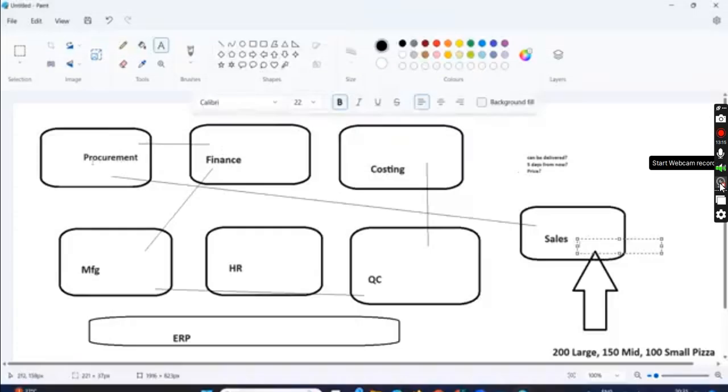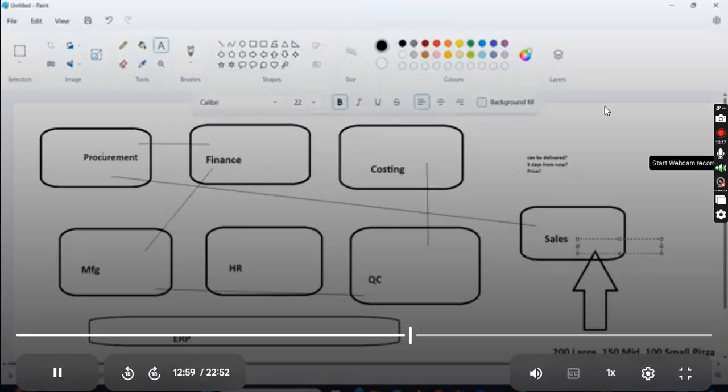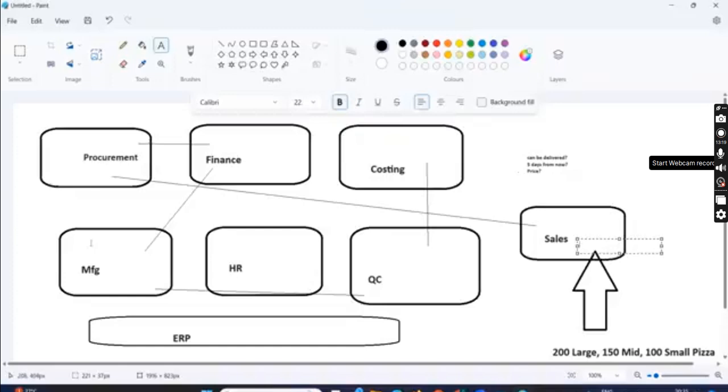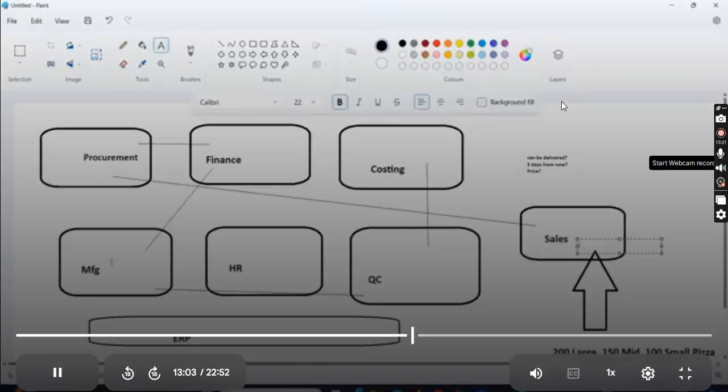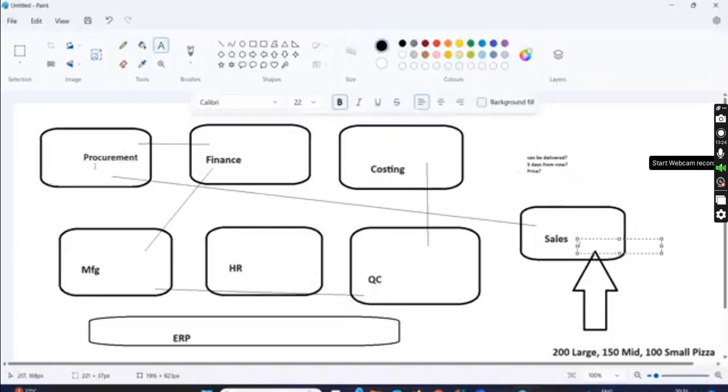Say some raw material is consumed, that means it goes from raw material to the manufacturing department, so the raw material value or stock level is decreased. That information not only the procurement department can see, but even finance, costing, and sales, which is not yet involved, can still see that the raw material stock has decreased.